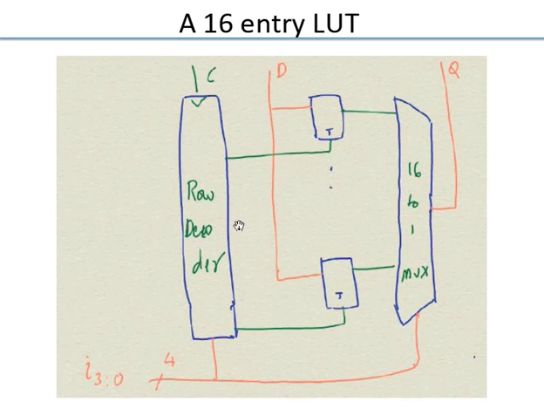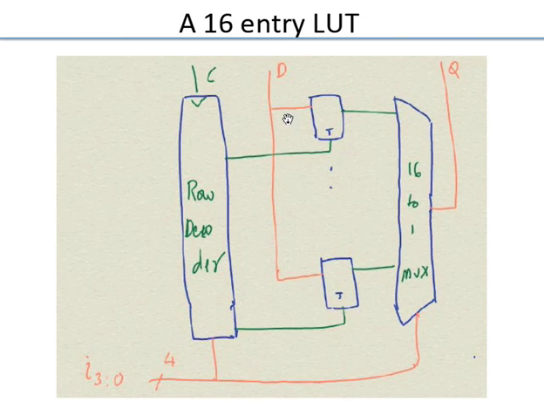Now you have a row decoder. You have a 4-bit input which comes in, which is what you use to do your logic lookup. That gets decoded, and when you want to do a write, something is missing here. A write enable is missing. If I want to write here, I can randomly write into one of these. If I don't want to write, I don't want to turn on any of these clock inputs.